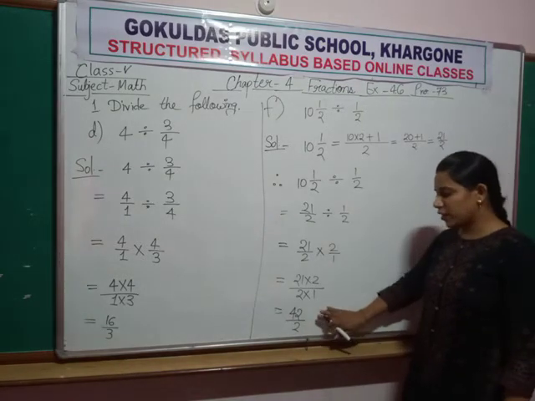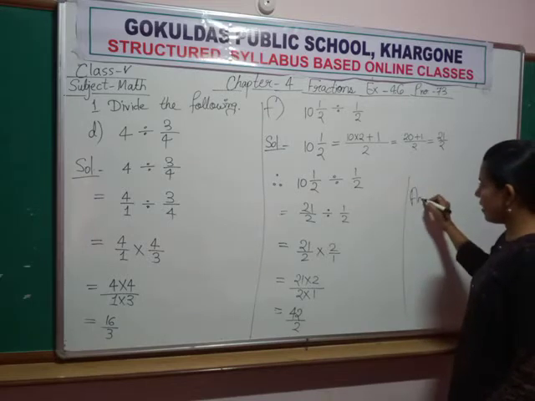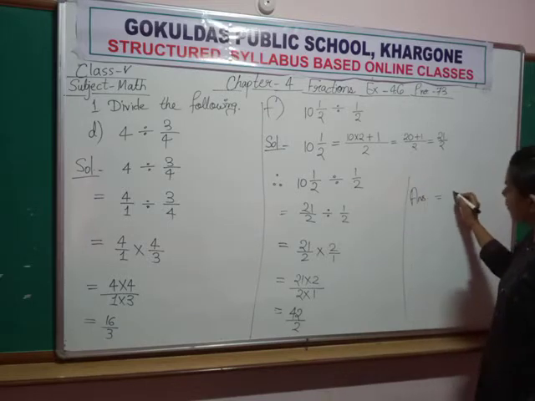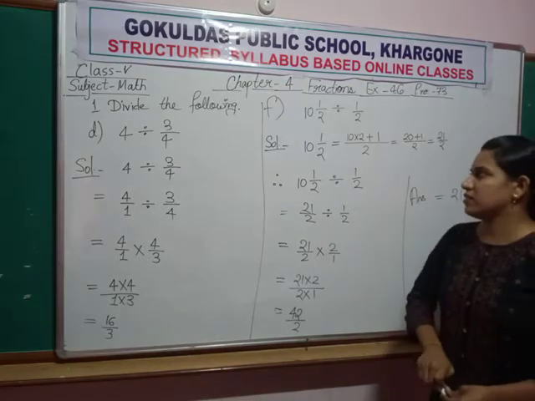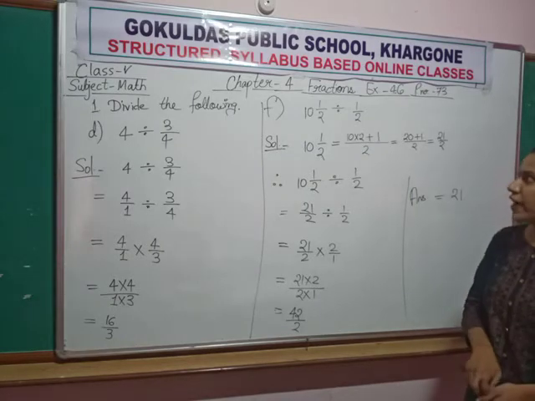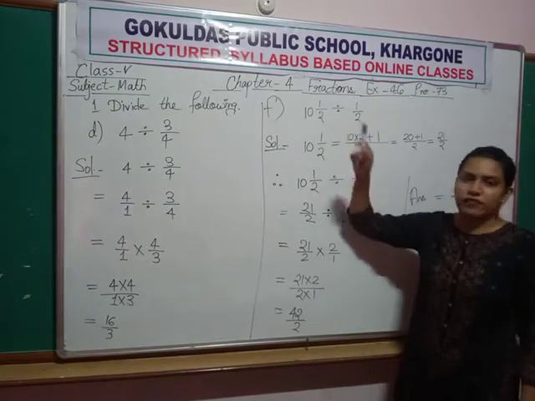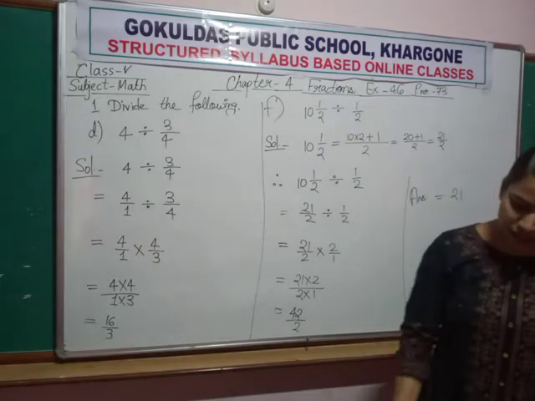And when we reduce it to its lowest form, our final answer is 21. So 21 is your final answer. I hope you understand how to solve this kind of question. If mixed fraction is given, then first convert that mixed fraction into improper fraction, then solve.